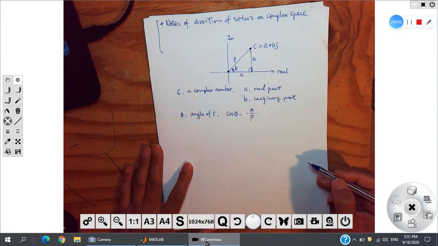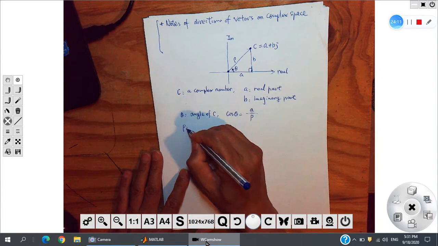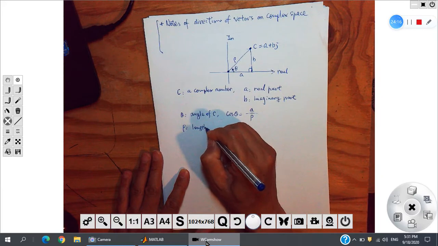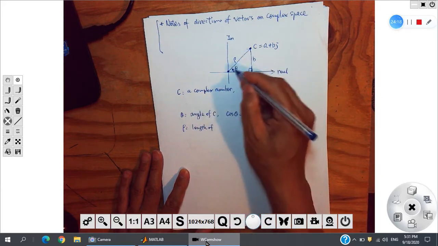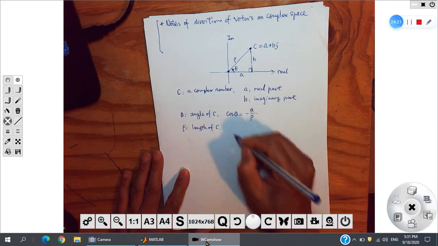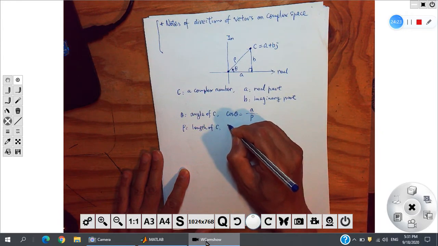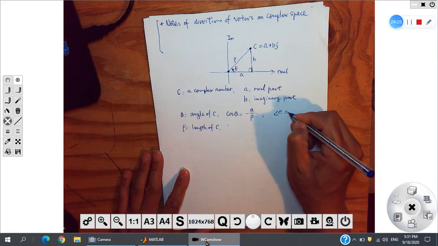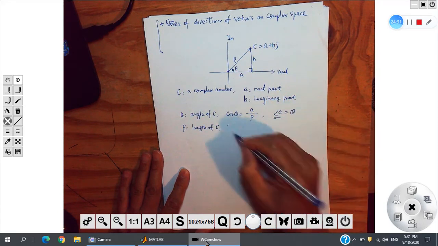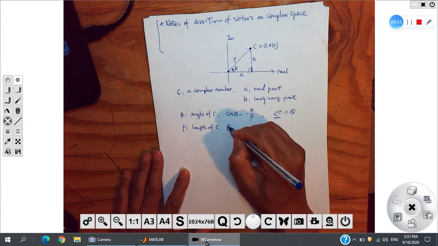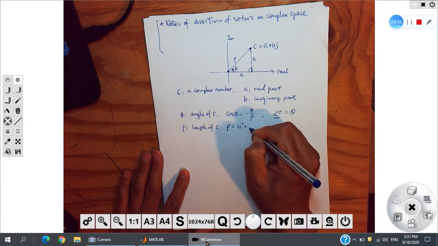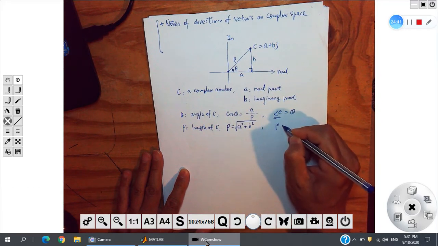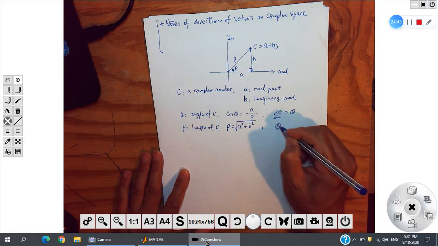And rho is the length of this vector, the length of C, and we denote it as this one. Theta is the angle of C, we use this notation, angle. And rho equals the square root of a squared plus b squared. Rho is denoted like this.